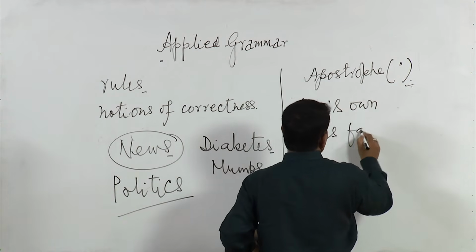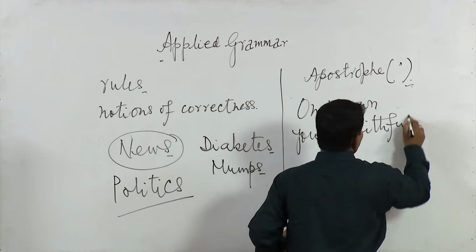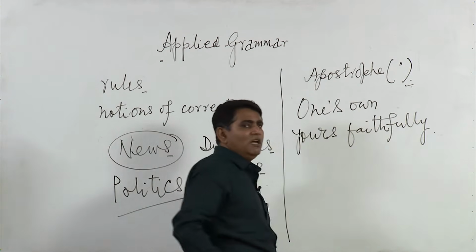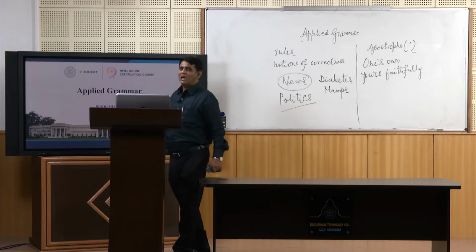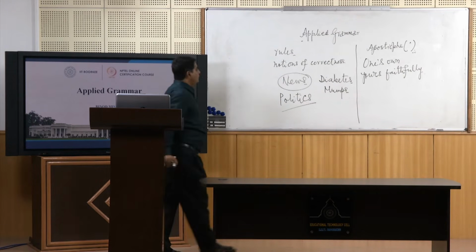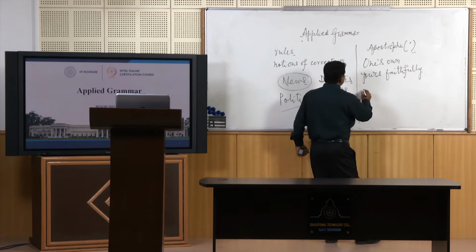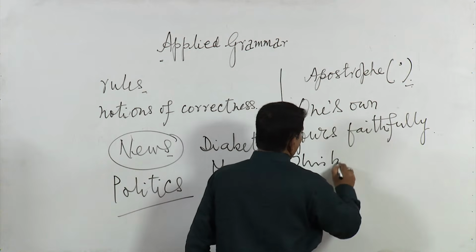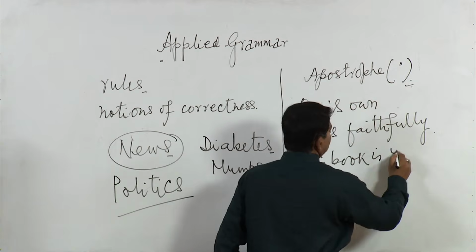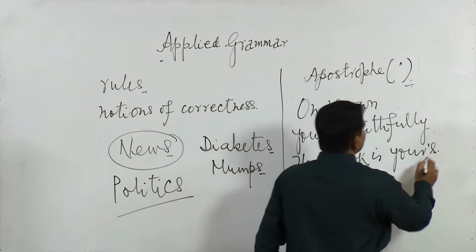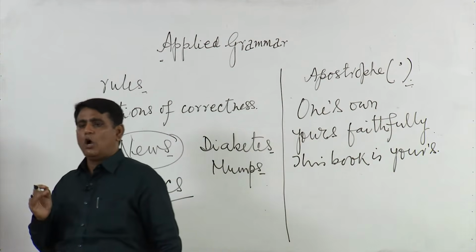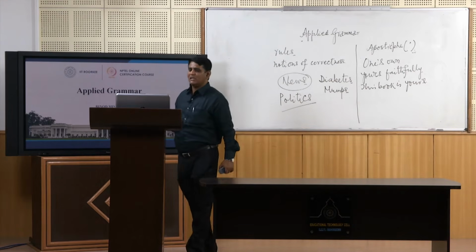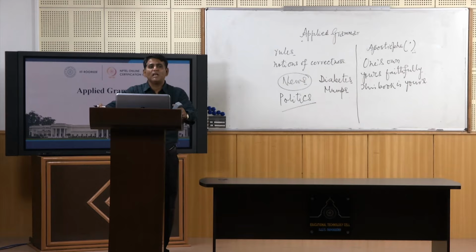Yours faithfully, yours sincerely. But we have seen the majority of people putting an apostrophe after yours. It is fine when you say this book is yours, where you are trying to establish a sort of relationship. When we talk about the apostrophe, for example, you say one year's time, two years' time.